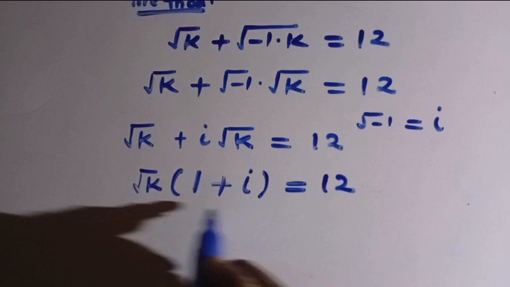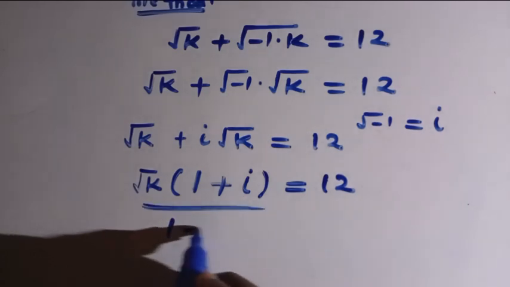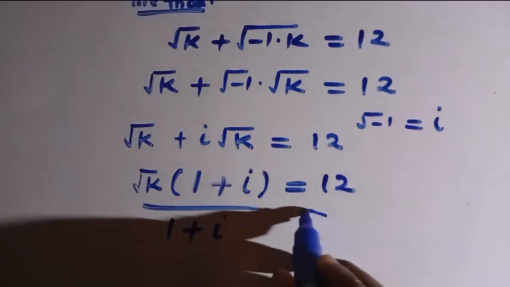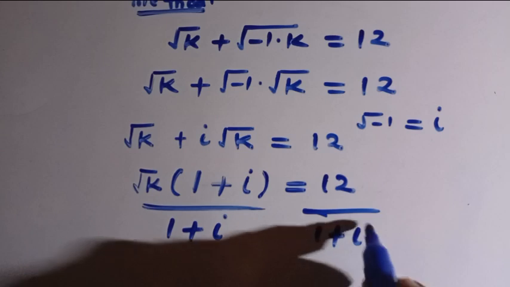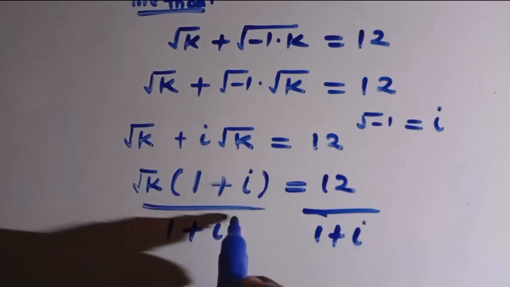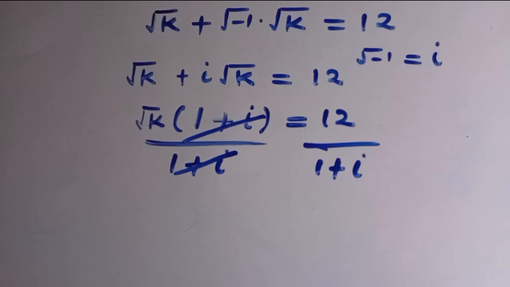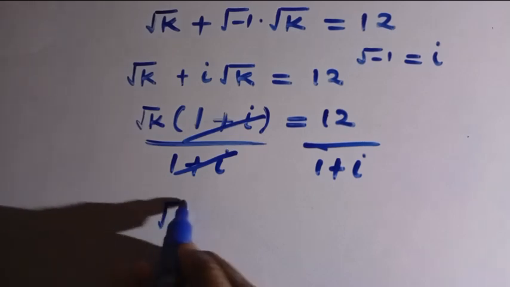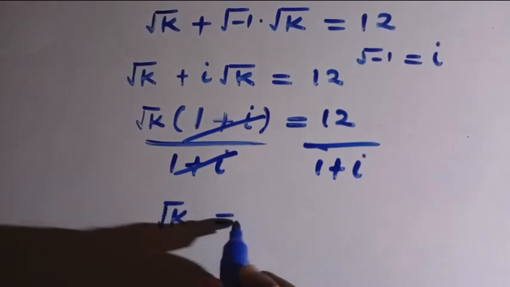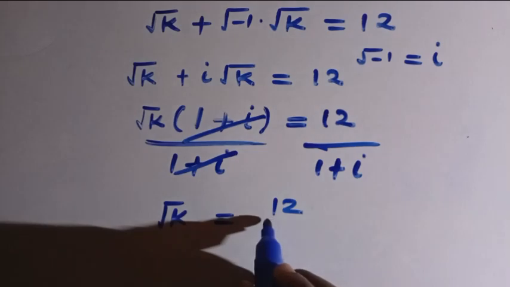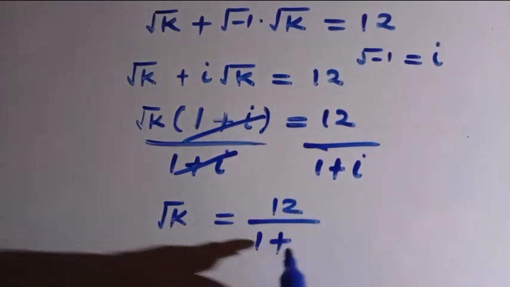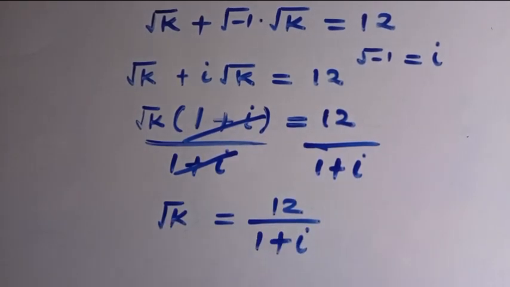So we need k. Let's divide both sides by 1 plus i. So this and this cancelled, and we have square root of k equals 12 divided by 1 plus i.